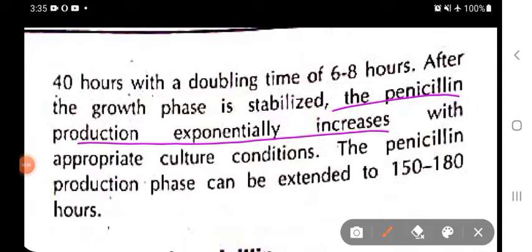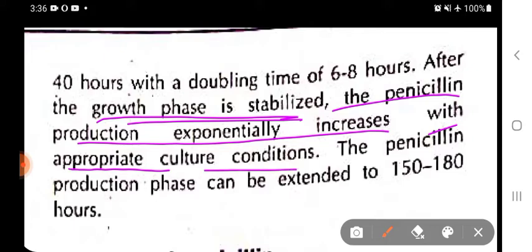Okay, so when the growth phase is stabilized, that means when the cells reach their stationary phase of their cell cycle, that means the amount of nutrients present in the medium and the amount of cells are equal in number at that time. So at that time, the penicillin production occurs exponentially, at a logarithmic rate, with appropriate culture condition.